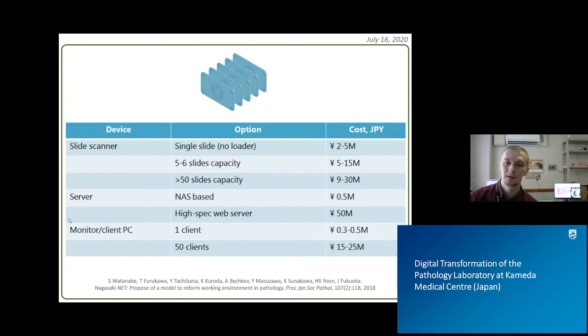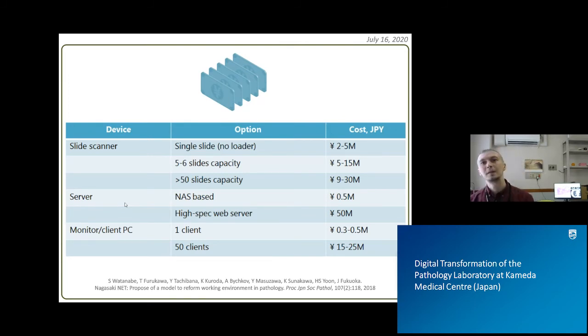You might be surprised, especially if you have not dealt with digital pathology before, that the scanner itself is not the most expensive item in the list. Please note that investments in IT infrastructure could be comparable to and even exceed those of the scanner, especially in a mid-term and long-term perspective. So I want you to learn from this slide, not the numbers, because these are in Japanese, but please note this ratio. Investments in the IT infrastructure are quite considerable.